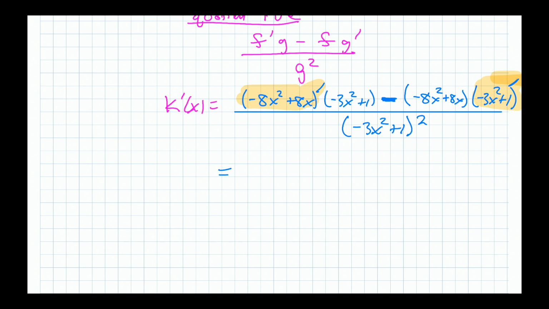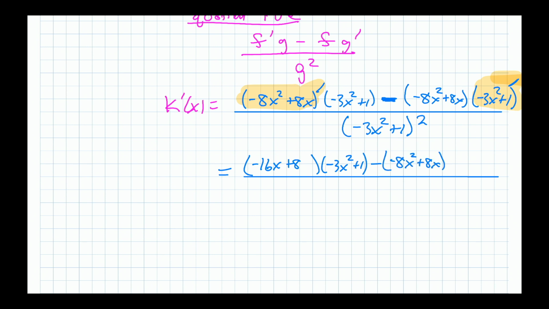So we're going to get, what are we going to get? So the derivative of the first thing with a prime, negative 16x plus 8. Okay, power rule. Then negative 3x squared plus 1. No derivative there, so we just rewrite it. Next one, no derivative, so you just rewrite it. Last one, there's a derivative.